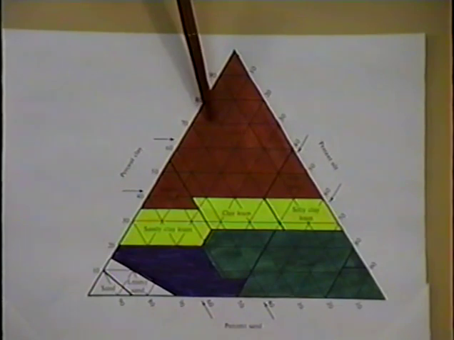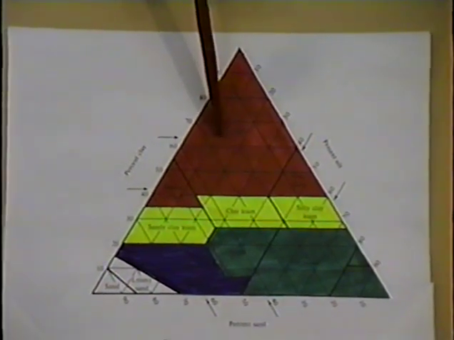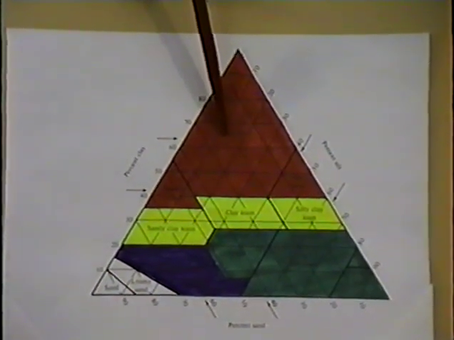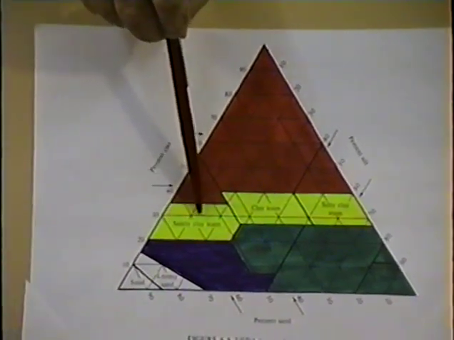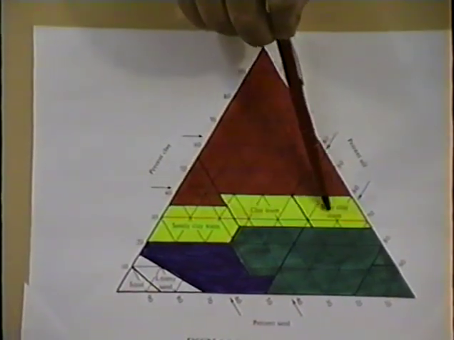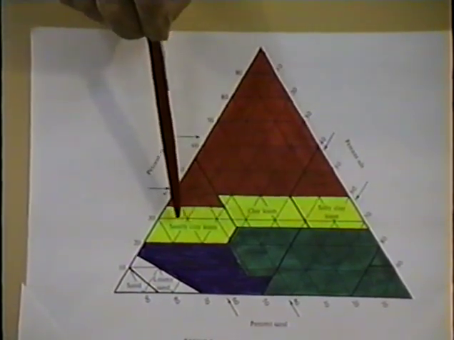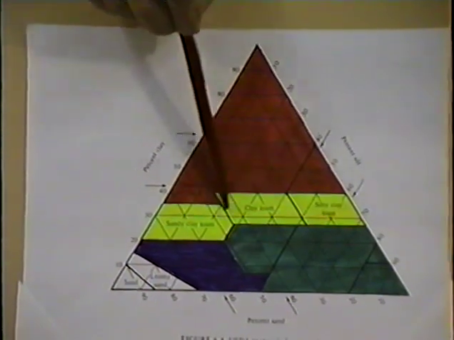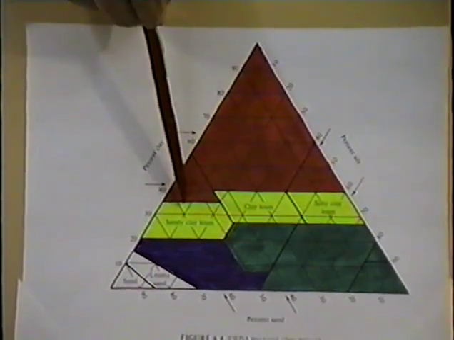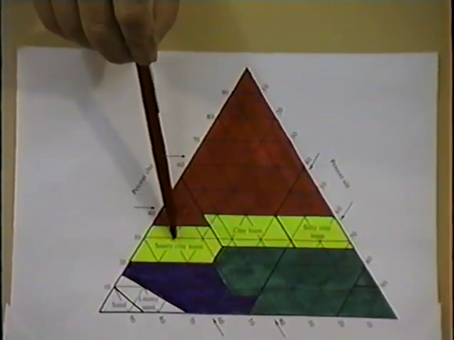I did that intentionally to indicate the major problems associated with a clayey soil in terms of their management. Across the middle part of the triangle, colored yellow, are what we call the moderately fine textured soils: a sandy clay loam, and a silty clay loam. Those are classified as moderately fine textured soil.